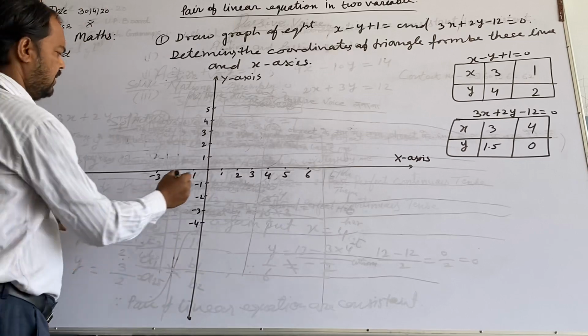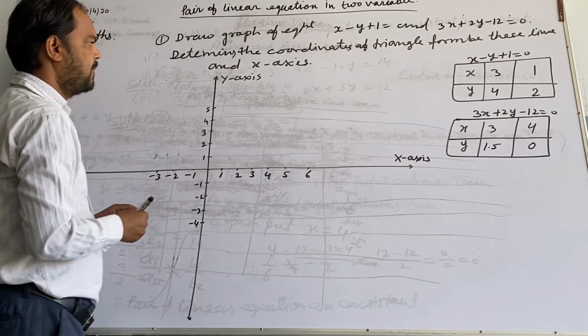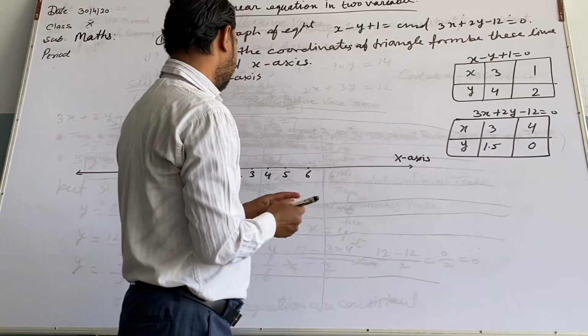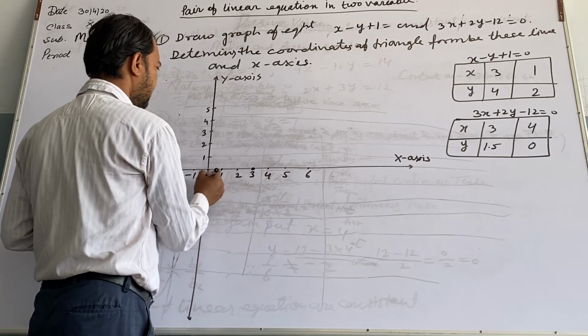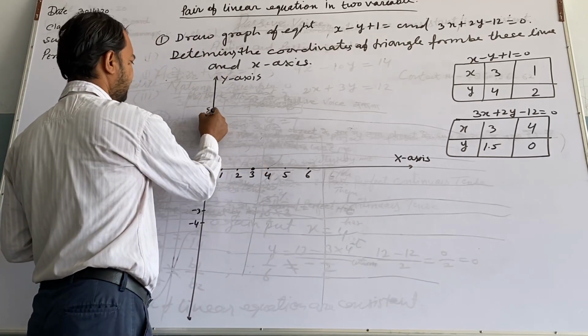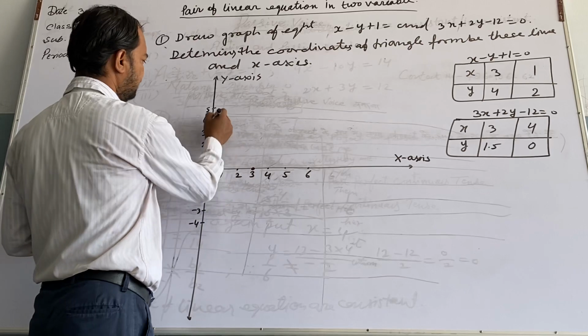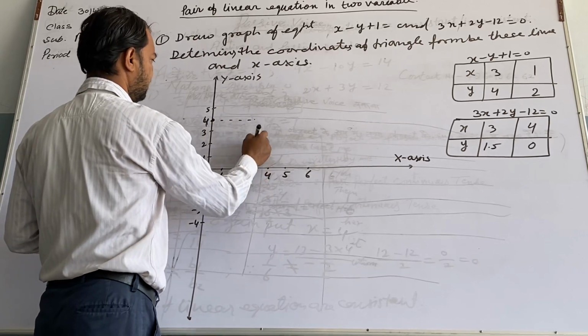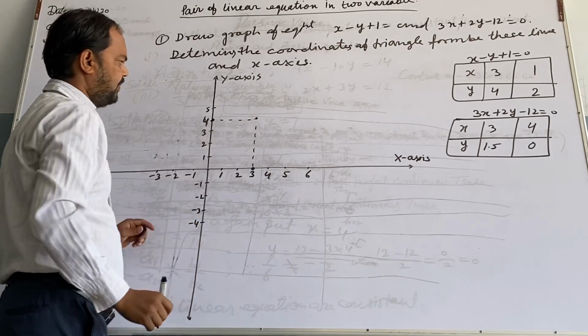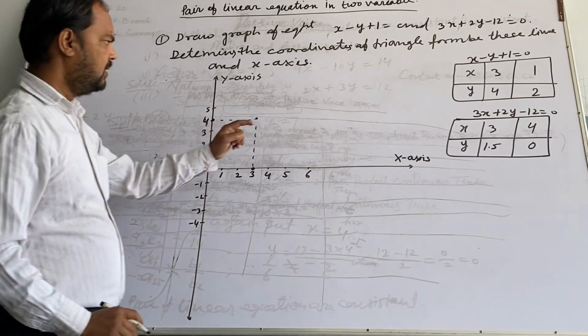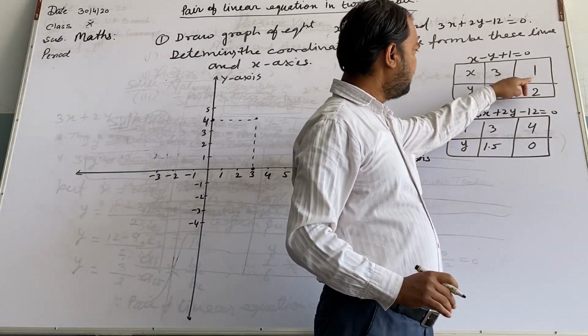Now, in the first case, x is 3, y is 4. Where is x is 3? Here. x is 3, y is 4 here. When you produce it, this will meet at this point. Now x is 1, then y is 2.